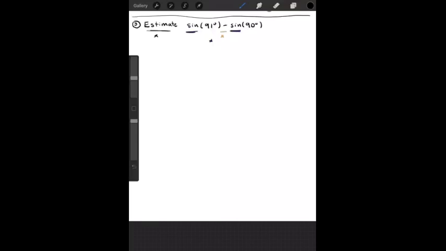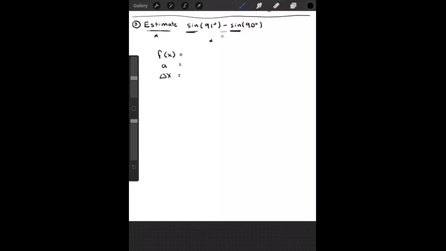So for all of our problems before, both of them, rather, we were given three things. We were given f of x, we were given a, and we were given delta x. And anytime we want to do one of these problems, we need those three things, right?